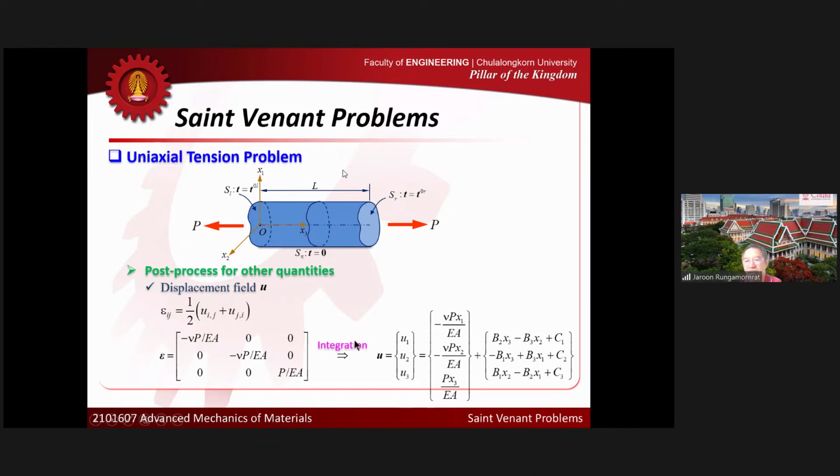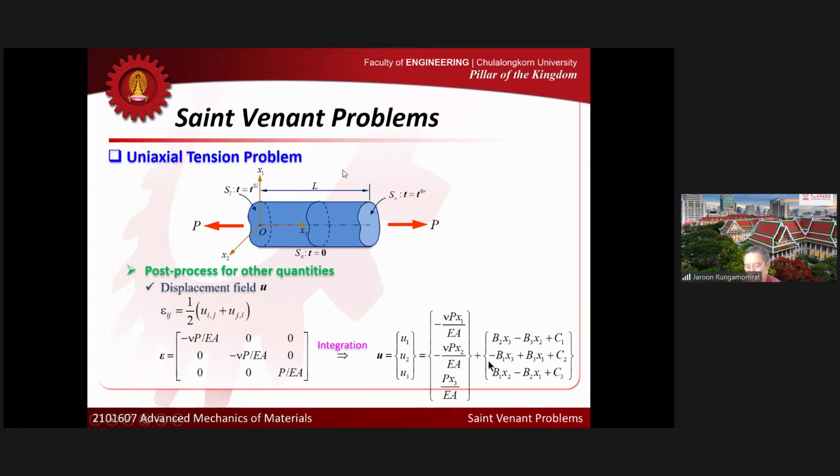The process of integration, I think you learned it from the homework assignment, right? I think you should be able to do this. It will take time, because in integrating all the equations that are available here to get the final form like this, you have to get several conditions, and finally you end up with this displacement field.